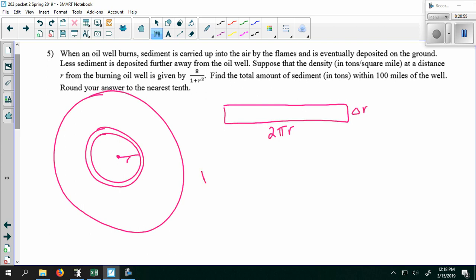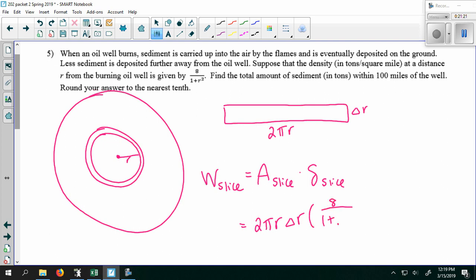So the weight of my slice is the area of the slice times the density of the slice, which I will name delta. The area of the slice is 2 pi r delta r, and the density of the slice is 8 over 1 plus r squared.